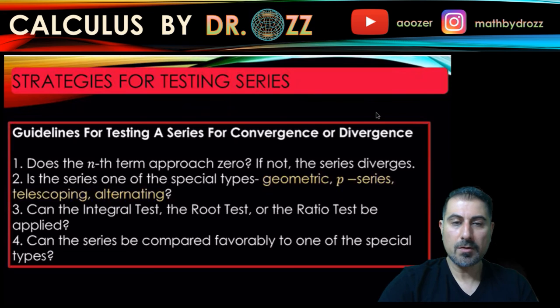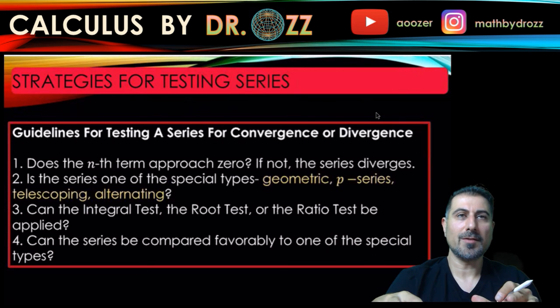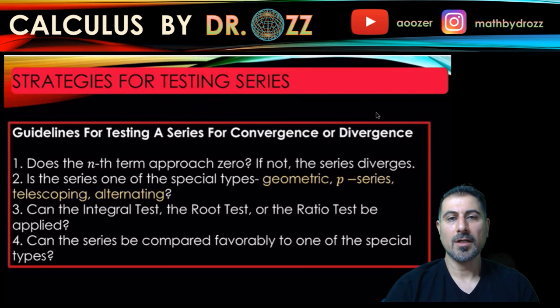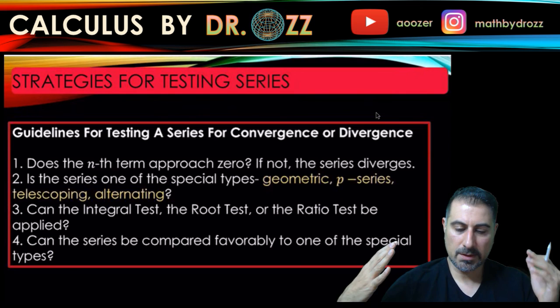So I would use these guidelines for every given infinite series, especially when the question statement says prove or disprove that the series is convergent. There's no test specified, so when there's no test specified, these are the best guidelines for you to follow.